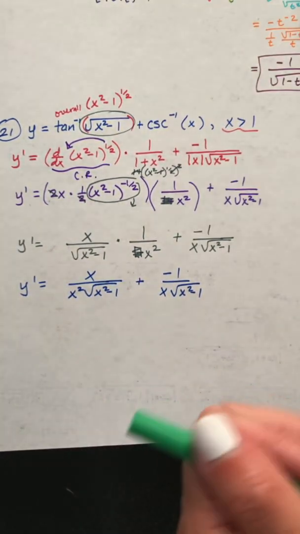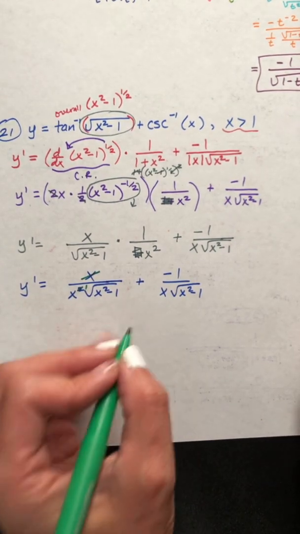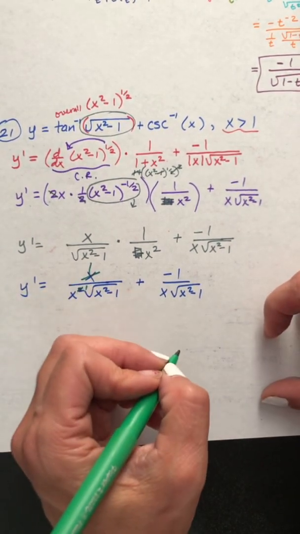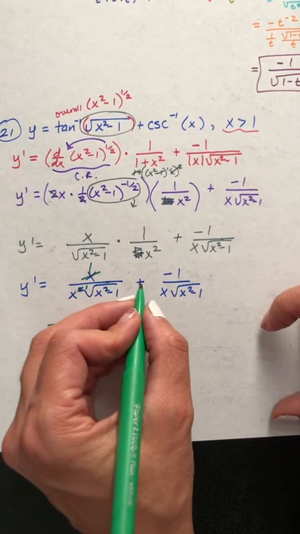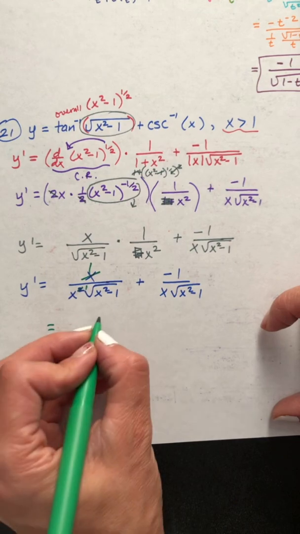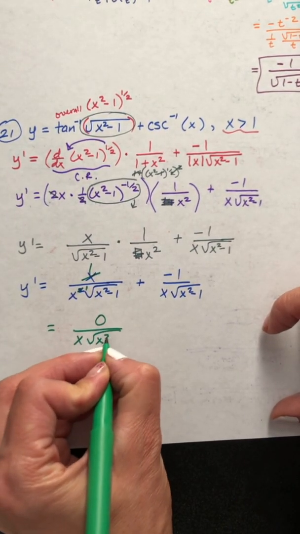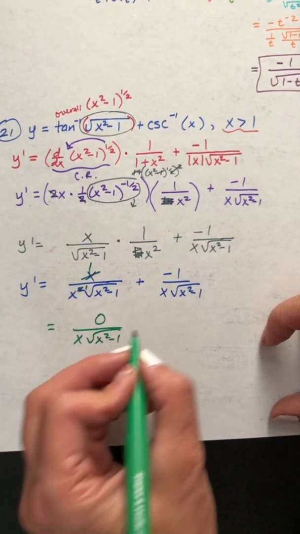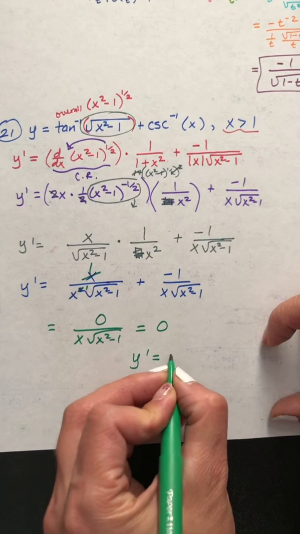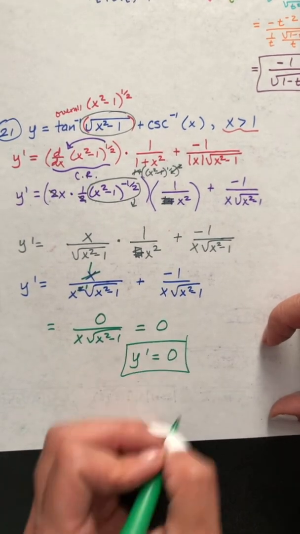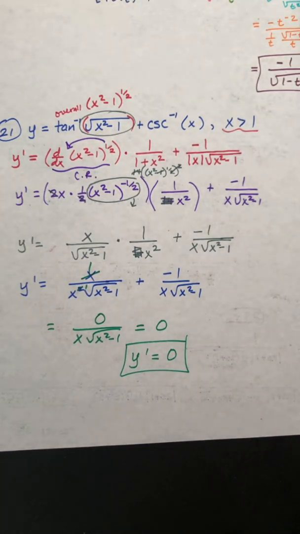So we can make them the same because look, I can cancel out this x and take away 1 from down here, and now they're the same. Okay, but watch this. 1 plus a negative 1 is 0, all over x times the square root of x squared minus 1. What's 0 divided by anything? 0. So that means that y prime, the derivative, is 0. So the slope is 0. And that's it.